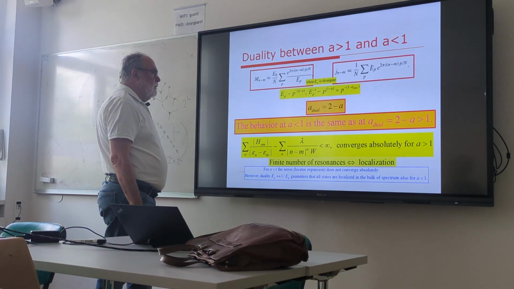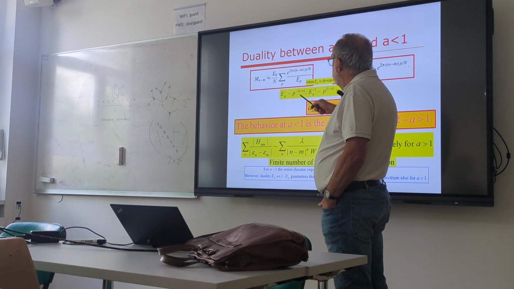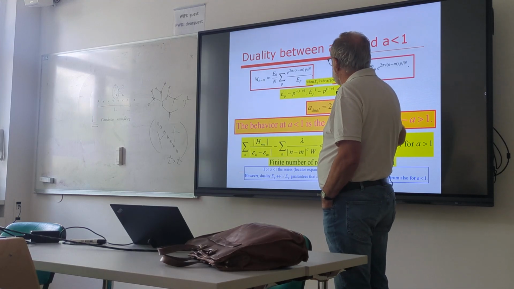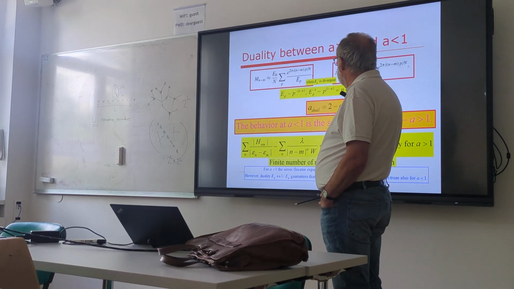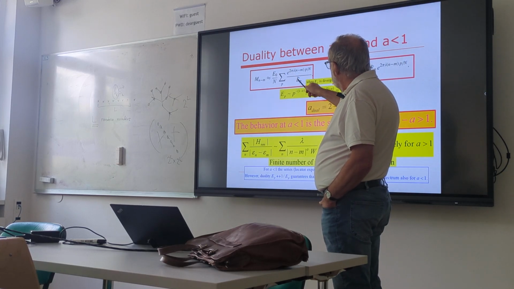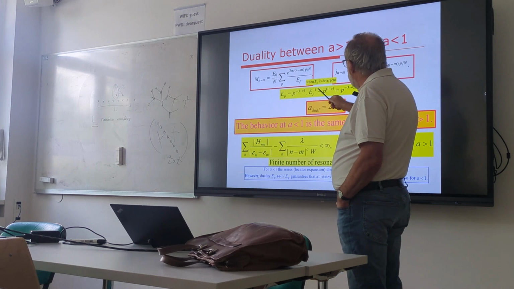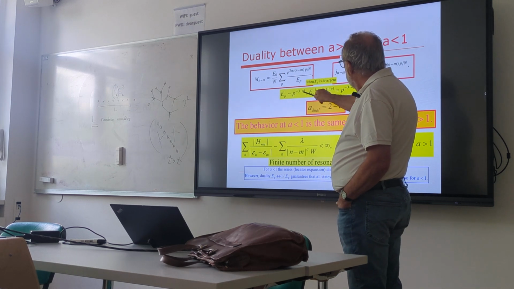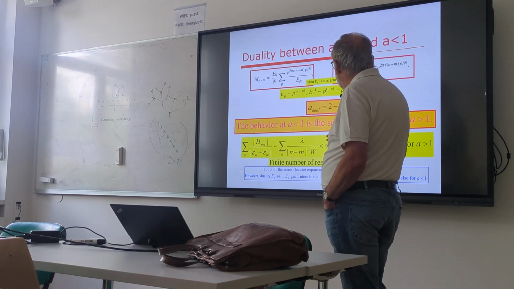But what does it mean? It means the following: if the hopping is like this, then the spectrum, as I said, in terms of momentum, is given by this expression. But if the hopping matrix element is like this, then the spectrum is given by this expression.